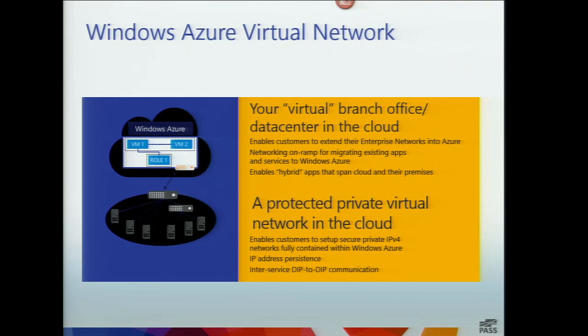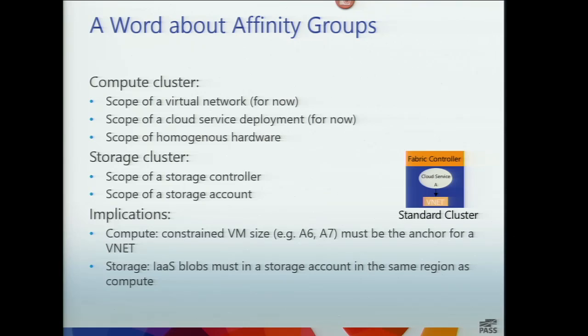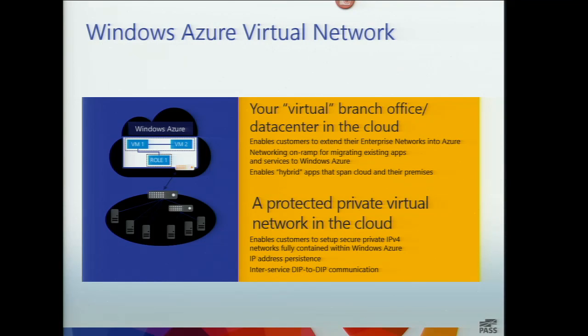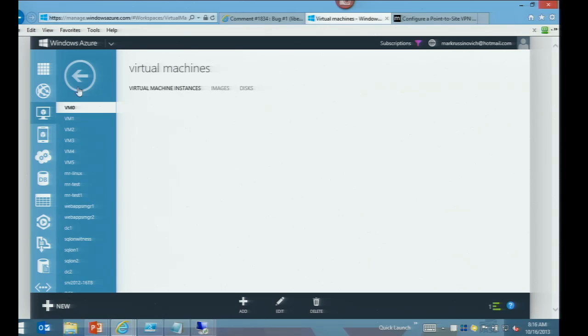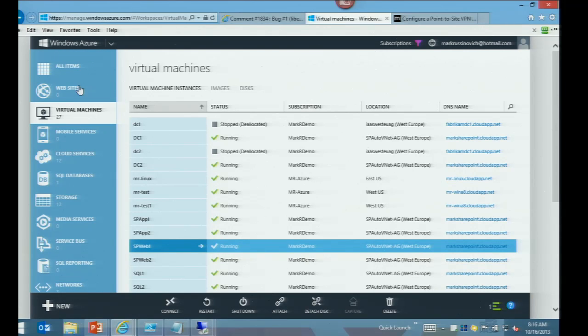We've also got something called virtual networking. Virtual networking allows you to group VMs from different cloud services together inside of a network container. And this is where the relationship between cloud services and virtual networks is worth explaining. When 2 VMs are in a cloud service, they can ping each other because they're part of their own virtual network that comes for free as part of being inside of a cloud service.